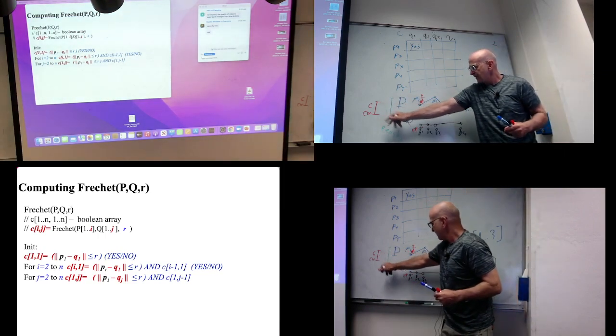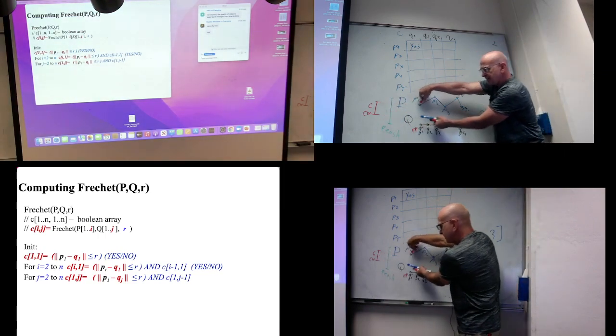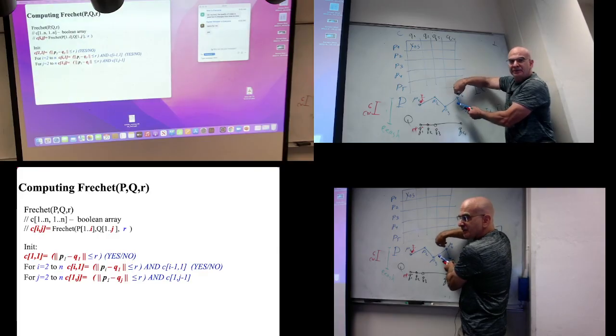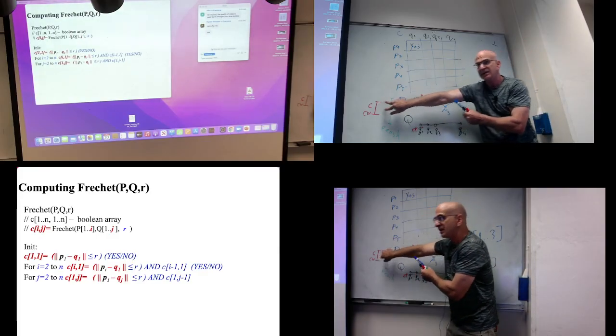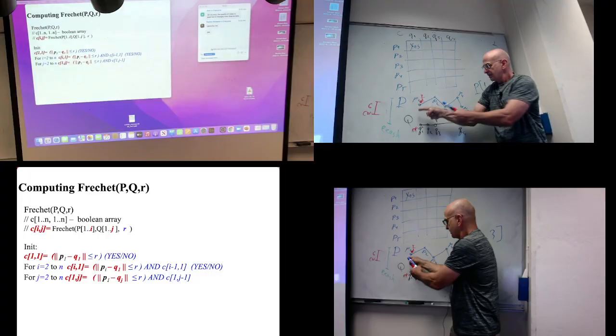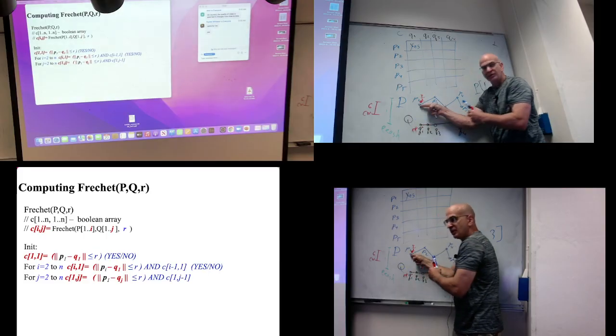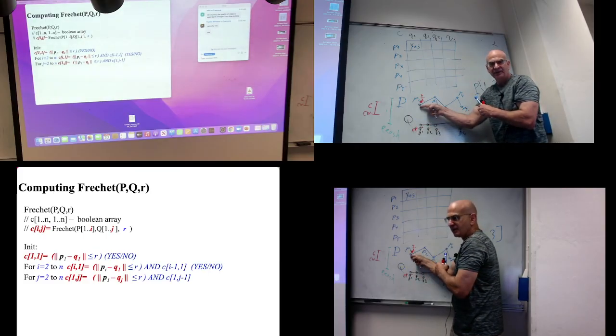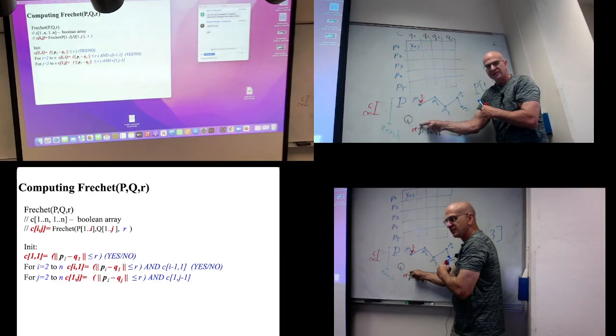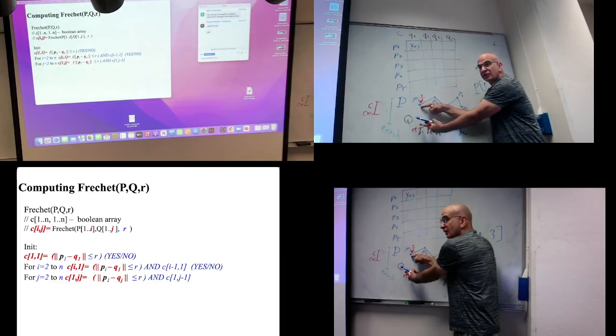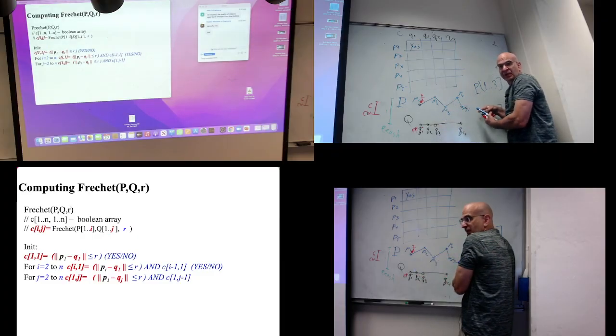With a leash of 6 centimeters, I ask, can the person on the rope roll all the way using a leash of 6 centimeters? But they always start at P1 and Q1. If even when the person is on its first vertex and the dog is on its first vertex, the distance is already larger than 6 centimeters, then there is no point of asking for other cells.